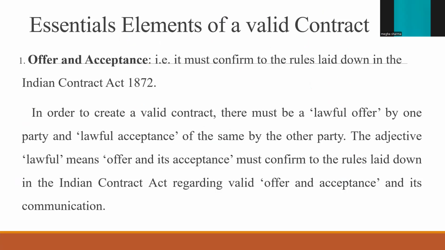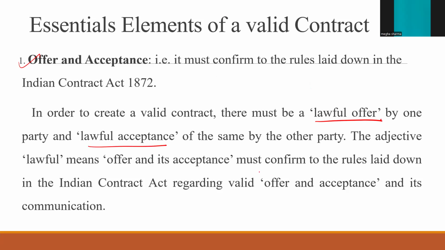So to begin with, what are the essential elements of a valid contract? The first essential element is offer and acceptance. As per the Indian Contract Act 1872, a contract must first of all have an offer. In order to create a valid contract, we need to give a lawful offer, and the other party should legally accept it. That is, lawful acceptance should be there.